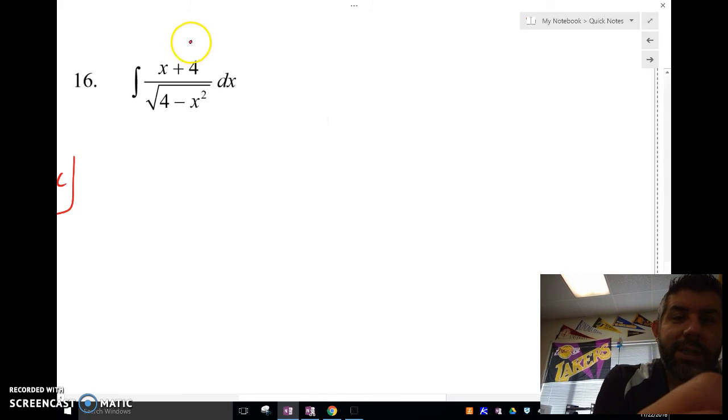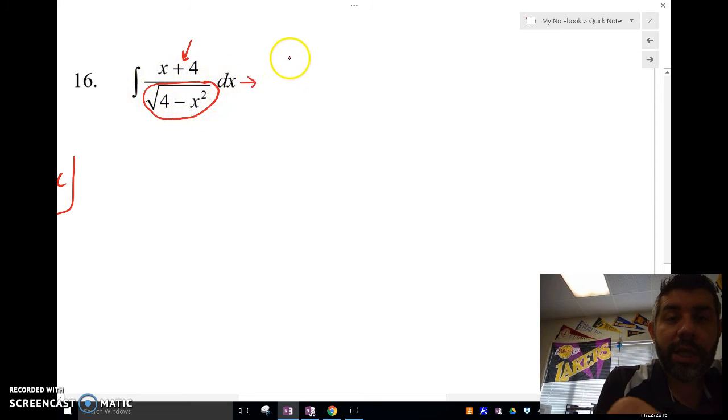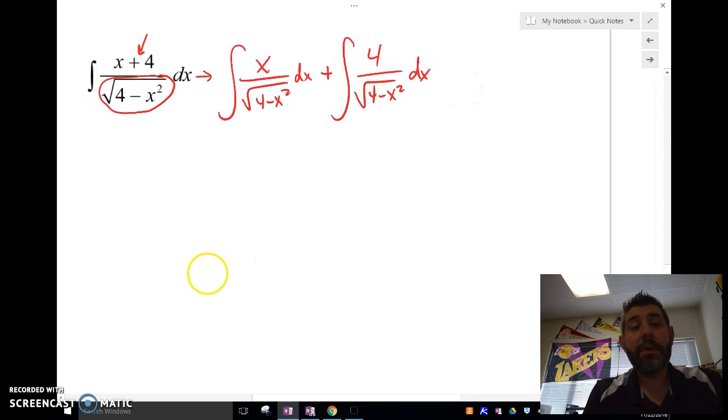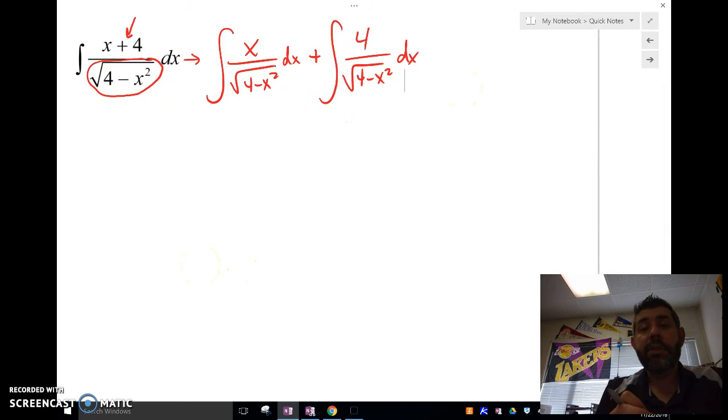So whenever I see a plus up here, but I have an entire thing on the bottom, I'm always going to try to split that up. So let's split that up: x over root 4 minus x squared plus 4 over root 4 minus x squared dx. Now that I've split it up, it makes a little more sense.